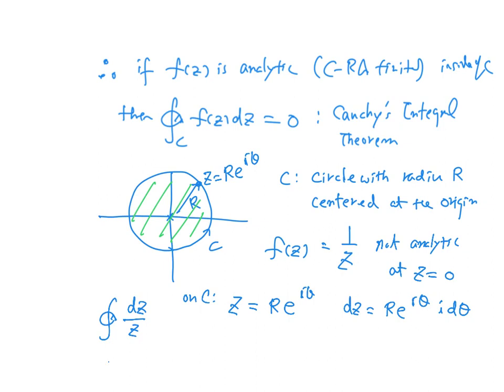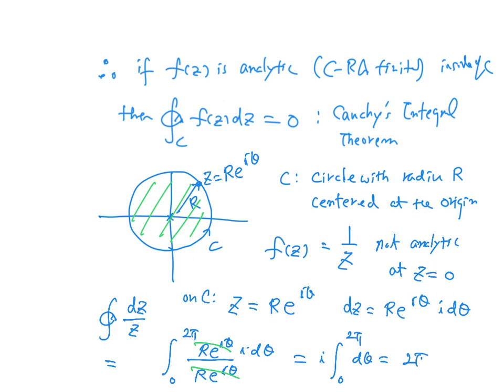So this integral can be changed into the polar integral from 0 to 2 pi of r exponential i theta, over r exponential i theta, i d theta. So luckily these factors will cancel each other, and we get i times 2 pi. So this integral is 2 pi i.